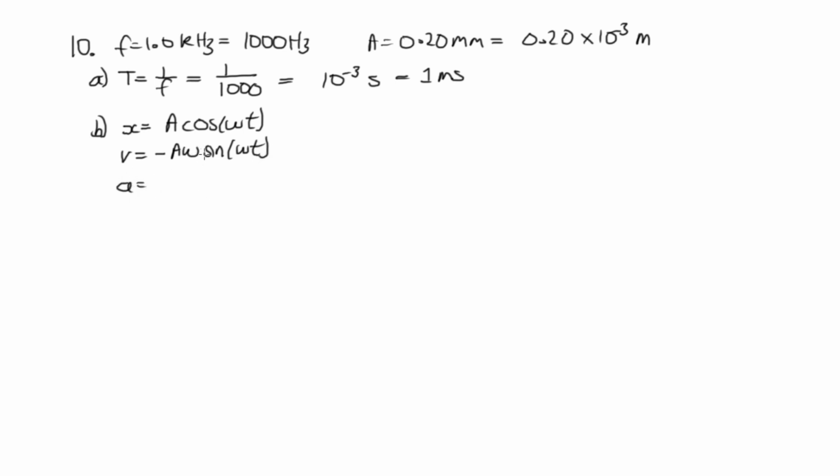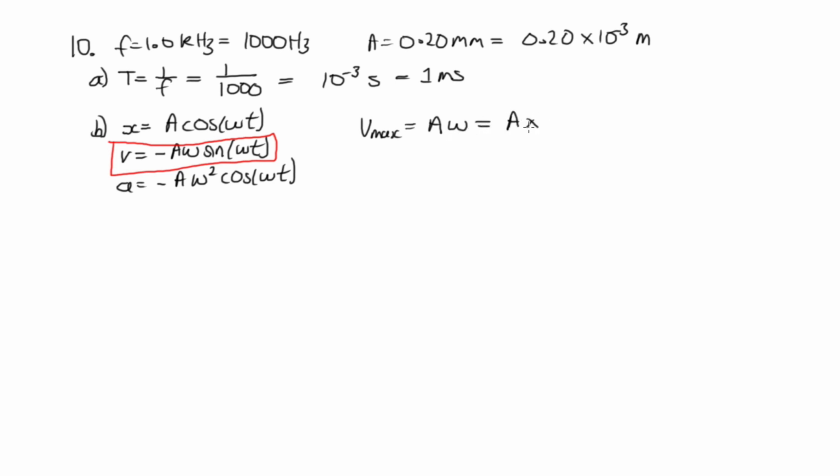So then we differentiate this with respect to time, and we end up with minus A omega squared cos omega t. So to find the maximum velocity, we want the maximum possible value that this can have. So that will occur when sine omega t is equal to -1. So V max is going to be equal to A omega, and omega is 2 pi f.